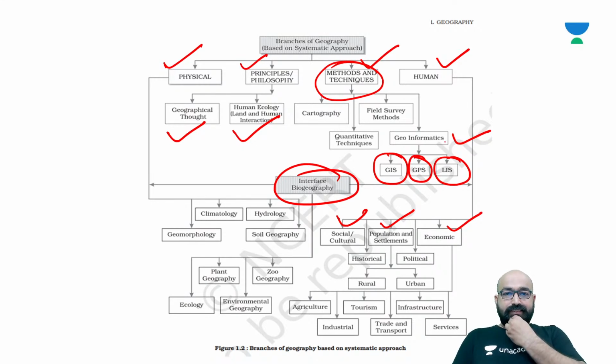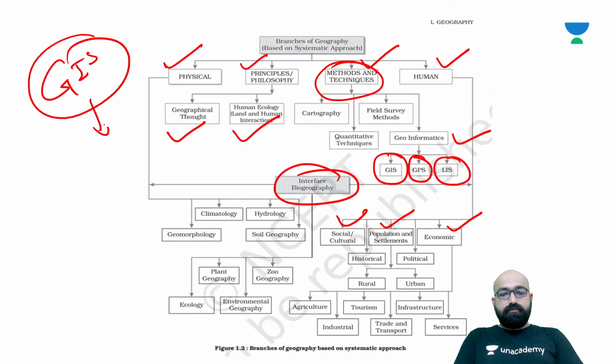Now, GIS has further opened vistas of knowledge.